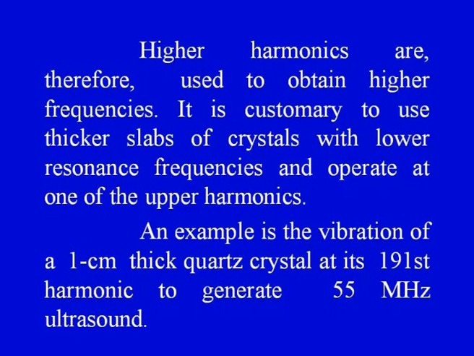So, the crystal is pretty thick, but operates at one of the upper harmonics. As an example, let us consider the vibrations of a 1 centimeter thick quartz crystal, quite thick, but working at its 191st harmonic to generate pretty high 55 megahertz ultrasound.